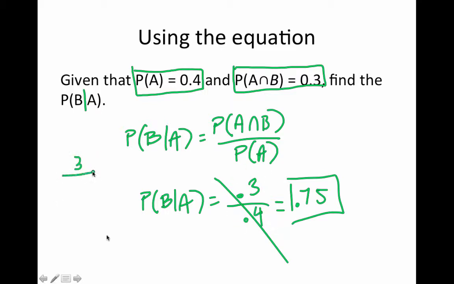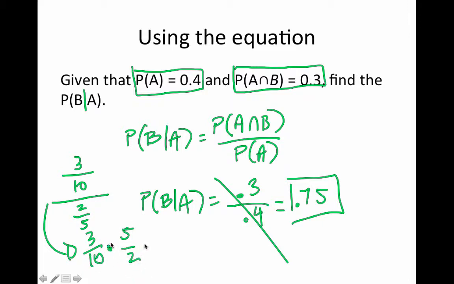You would have 3/10 divided by 2/5, and when you have a fraction divided by a fraction, you flip the denominator and multiply. So this would equal 3/10 times 5/2, and then 5 goes into 10 2 times, multiply straight across, 3/4, and 3/4 is the same thing as 0.75.